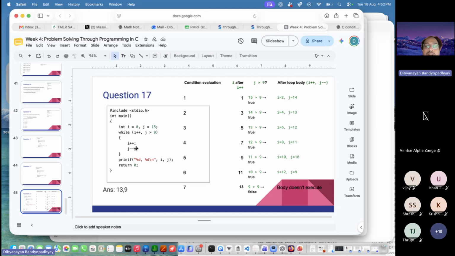You keep on doing this until you reach the part where the value of j is 9, so it doesn't go inside the body, and the value of i is 13. So at last 13 and 9 will be printed. When this kind of difficult for loop question comes, make this kind of table and then try to execute it.